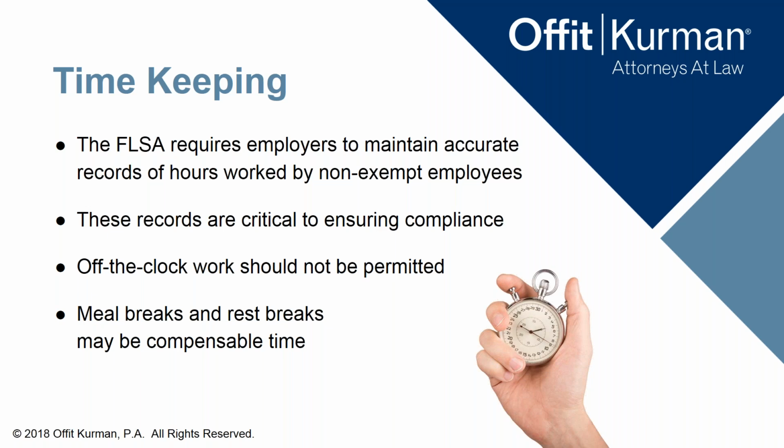So something I'll often include in an employee handbook, for example, is a provision that states non-exempt employees are not permitted to work in excess of 40 hours per week unless they obtain express written authorization from their manager.